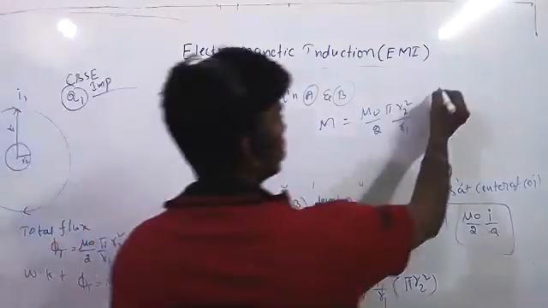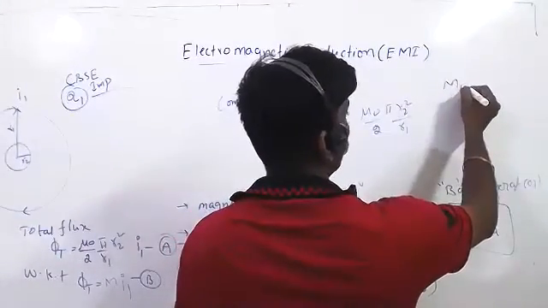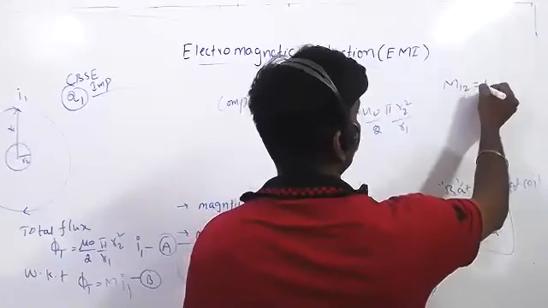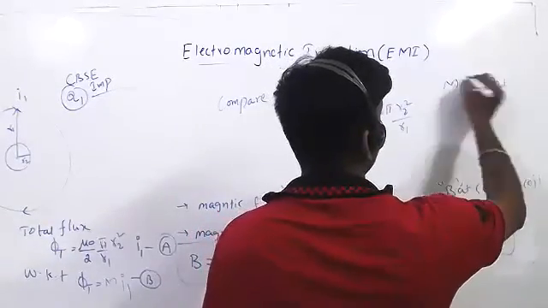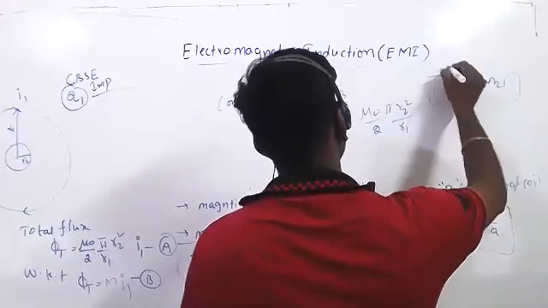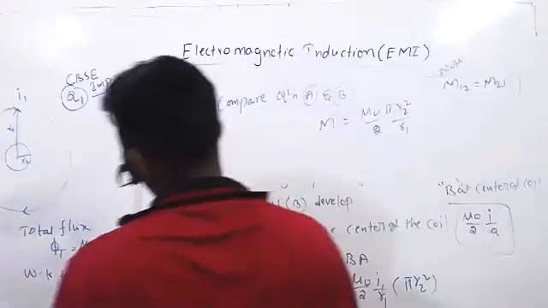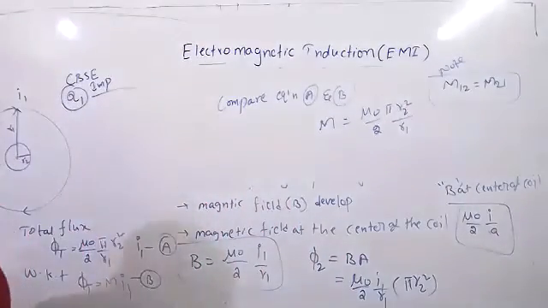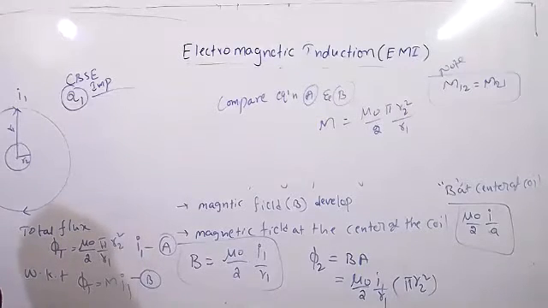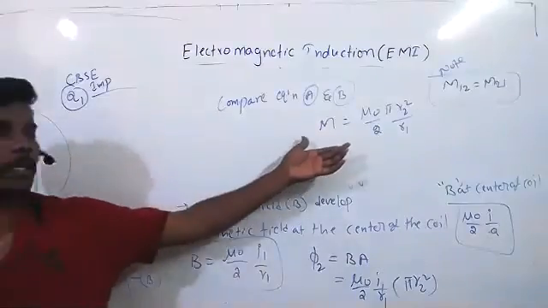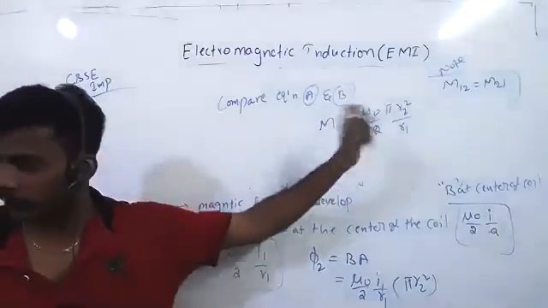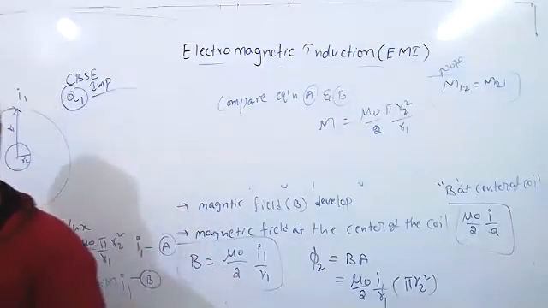Mutual inductance in the first coil due to second equals mutual inductance in the second coil due to first coil. No problem. Note, both are same. So this is the mutual inductance. It is same for the first coil or the second coil.